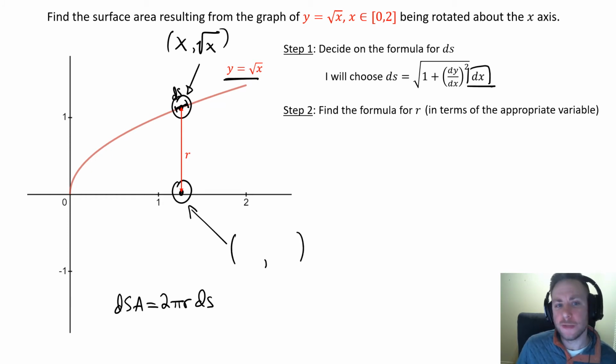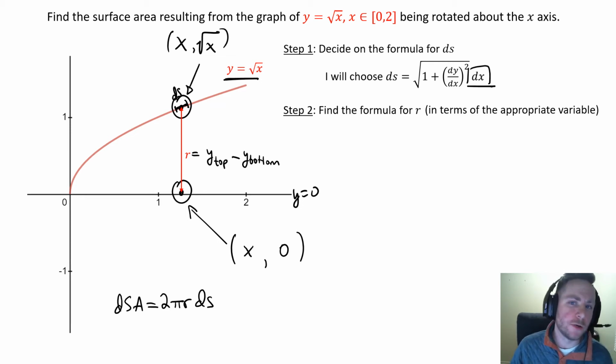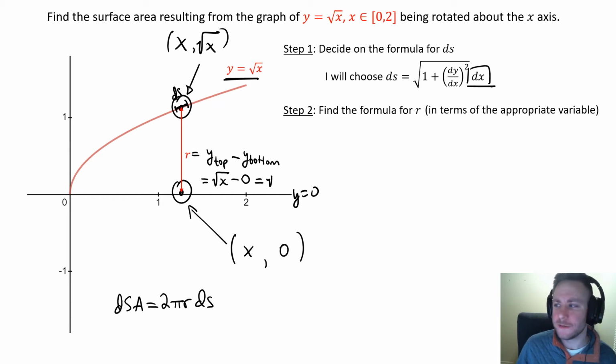This curve is on the x-axis, otherwise known as the line y equals 0, and so we can label that point as x comma 0. Since r is a vertical distance, we find it by subtracting the y-coordinates of these 2 points. And that gives us root x minus 0, which is just a fancy name for root x.